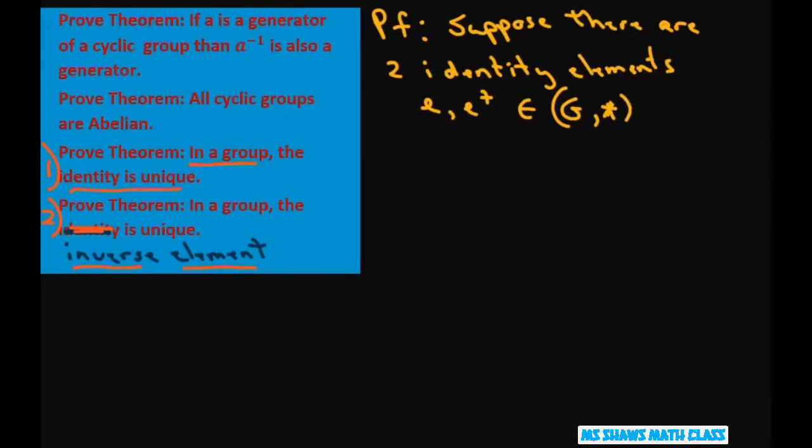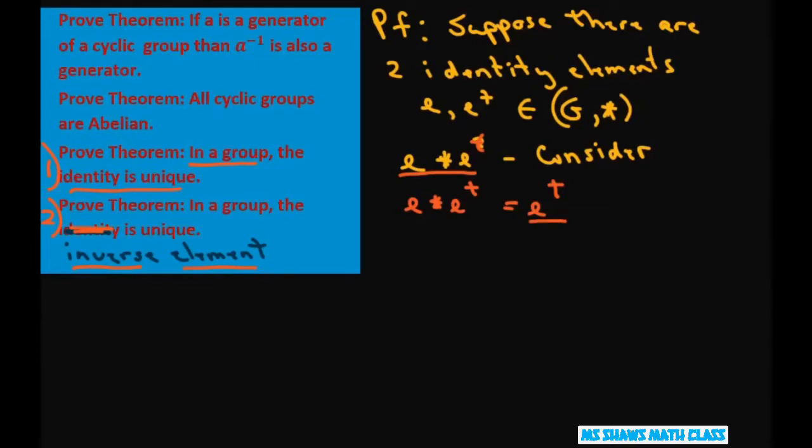So let's use group notation. E star E prime. Consider this. So we're multiplying our two identities. Then we have E star E prime equals E prime, if E is the identity.